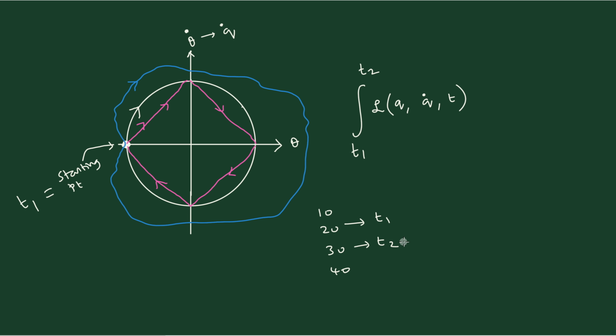You can choose any two times in between your experiment. You can't go before your experiment, nothing will be there. You start the experiment, choose any time as t1, and before closing your experiment, choose another point t2. That's all it means.